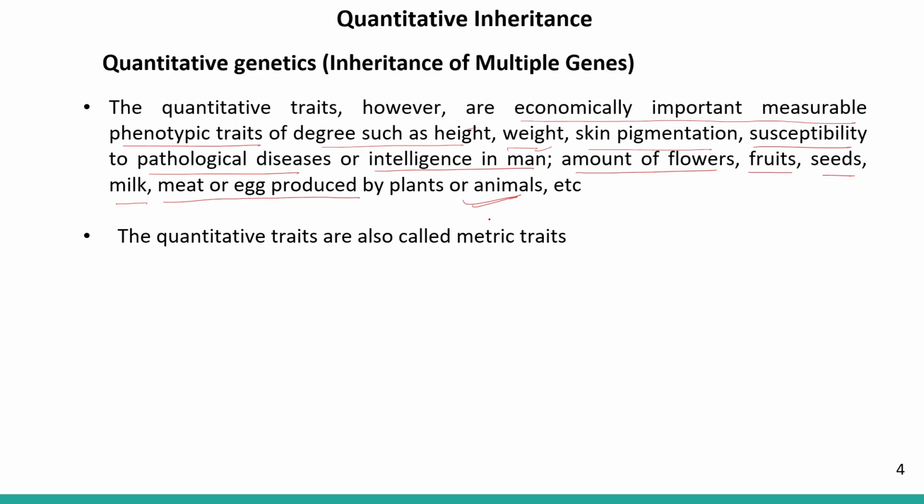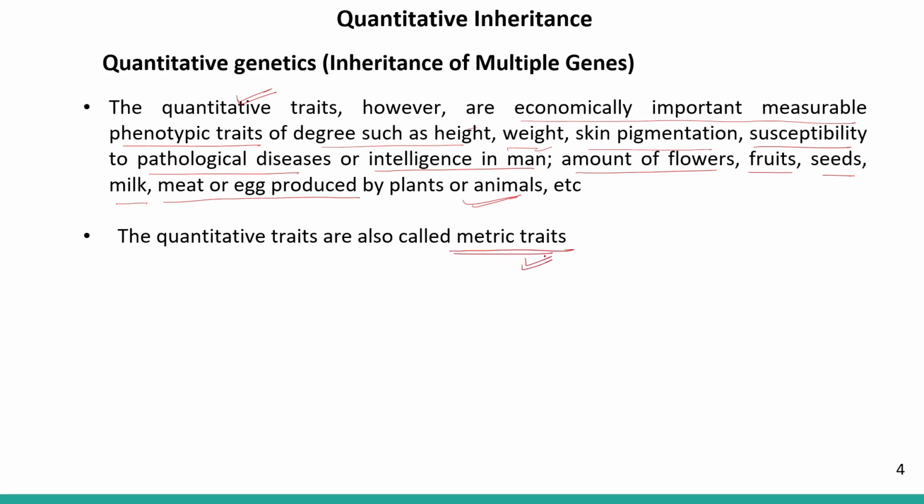So these are examples of different quantitative traits, right? In this session we are going to study mainly quantitative inheritance, so we will consider the quantitative traits. The quantitative traits are called metric traits.